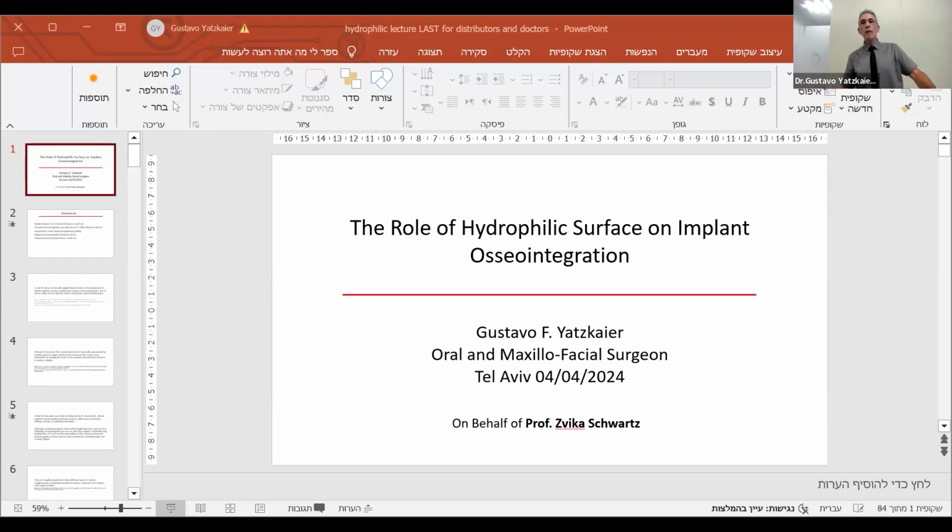In order to overcome this problem, the manufacturers started to increase the surface area, meaning to create some small or smooth roughness in order to permit the binding with the bone and enhance the firmness and stability.